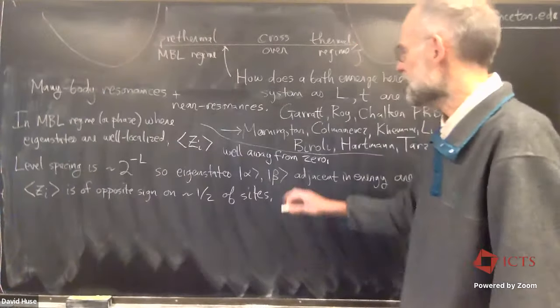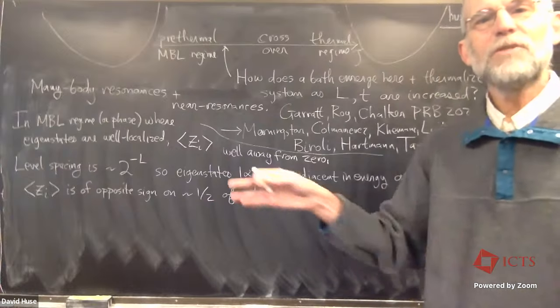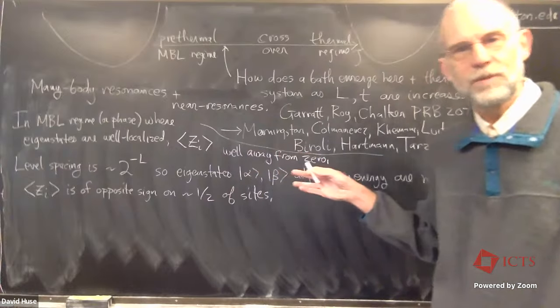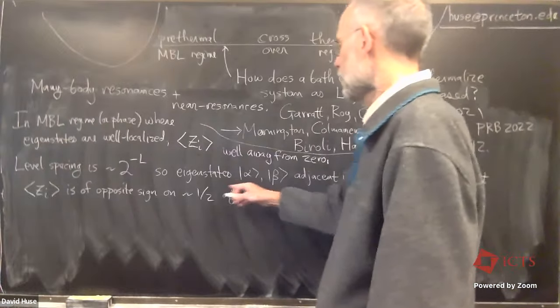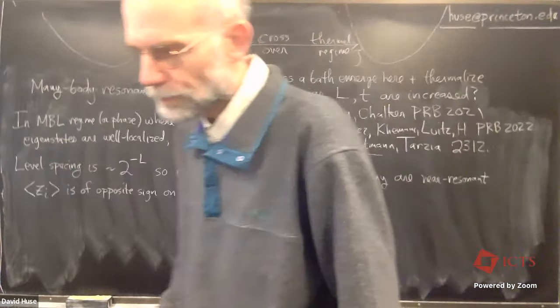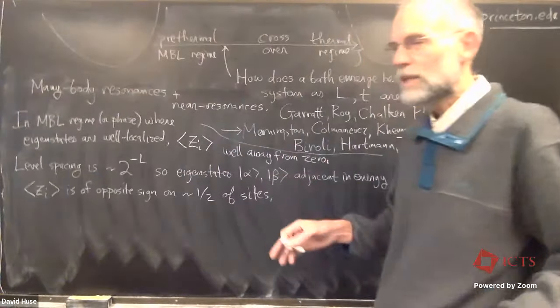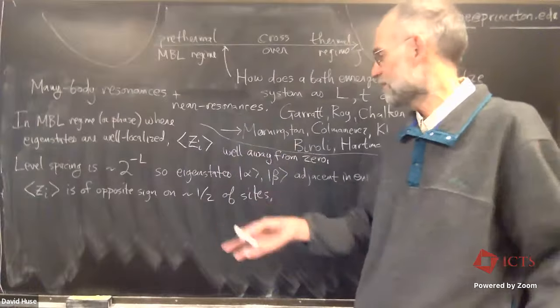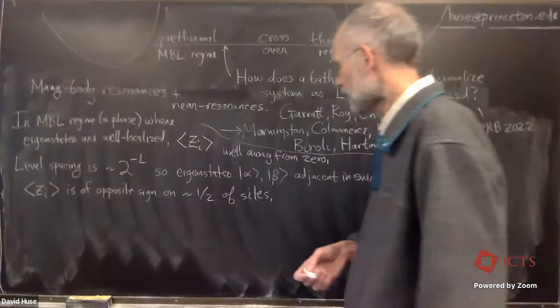So these two eigenstates, they're very close in energy, and they differ substantially across the whole system. So in order to couple these two eigenstates, we need a process that flips of order half the spins, so it's a high order process.